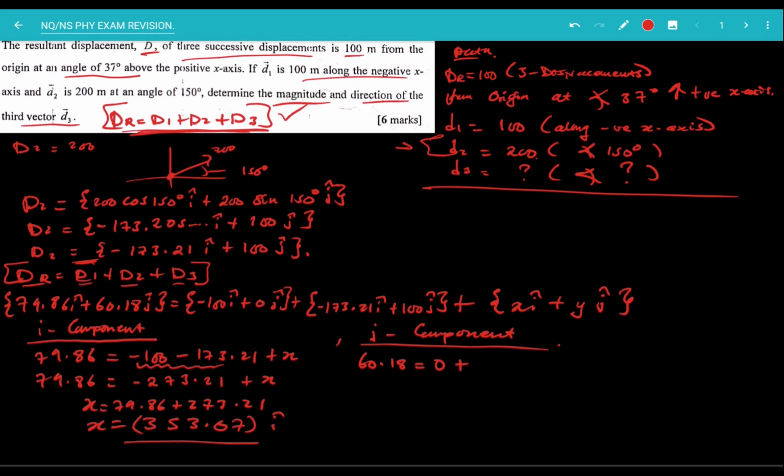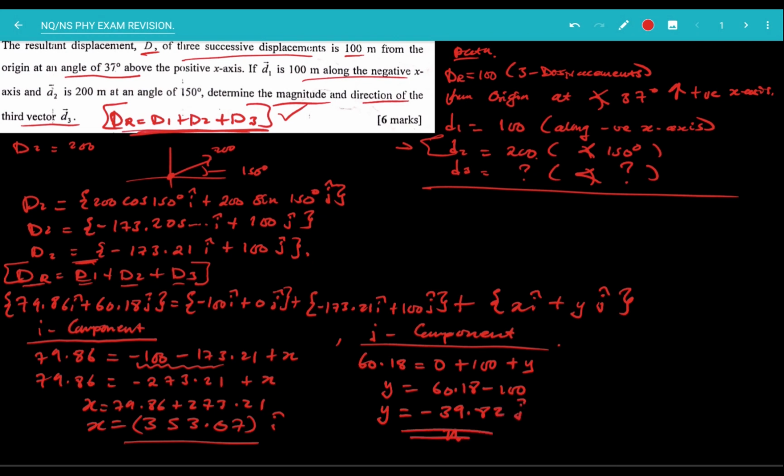Plus the J component in D2, which is 100, plus the J component in D3, which is Y. Then solving for Y, we have Y being equal to 60.18 minus the 100. So Y is equal to, if we subtract, we get minus 39.82, and this will act in the J.